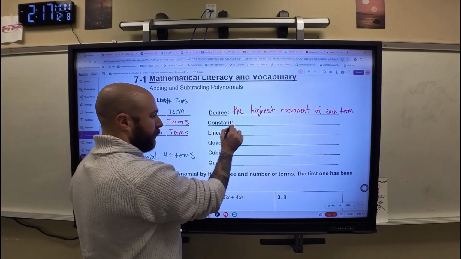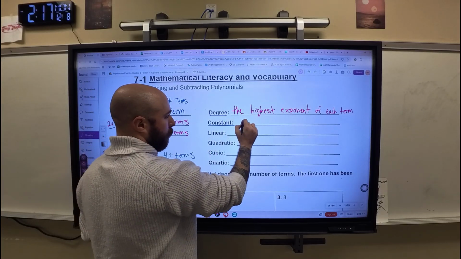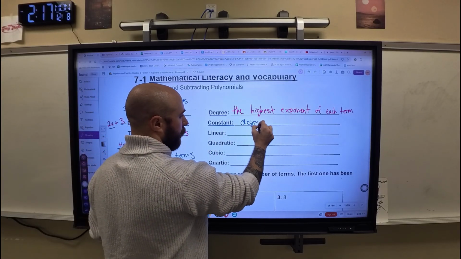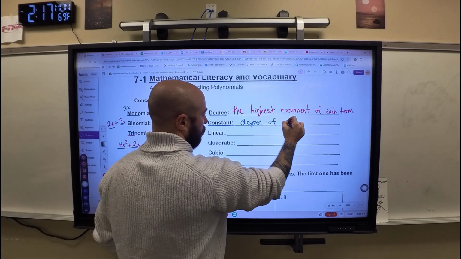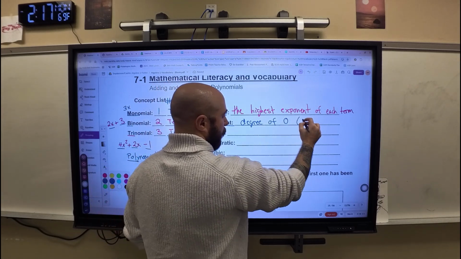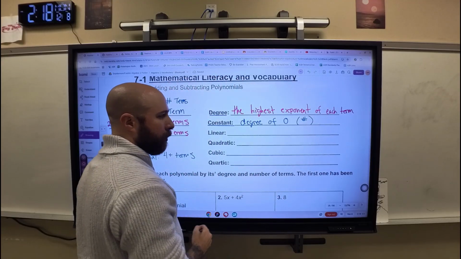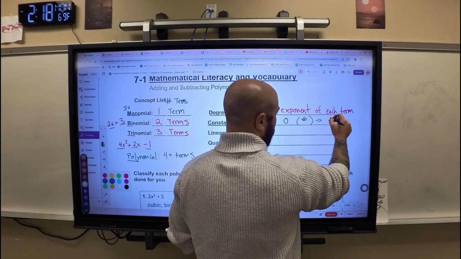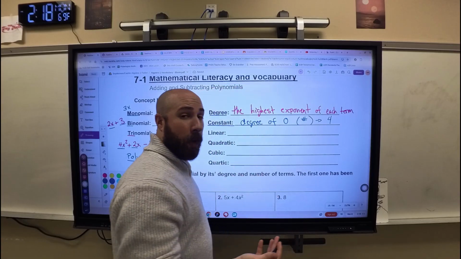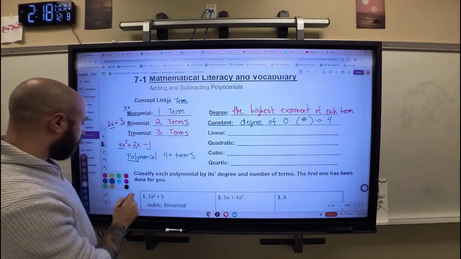If it is a constant term, that is when we have a degree of 0, and basically that is just a number. Just a number. So a situation would be like 4. It has no x, it has no exponent.